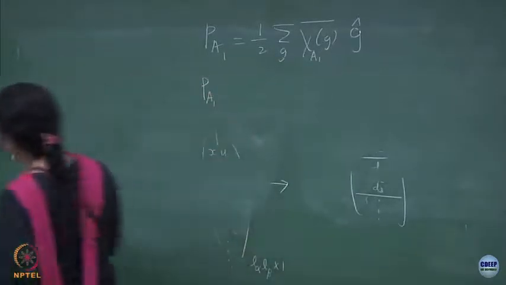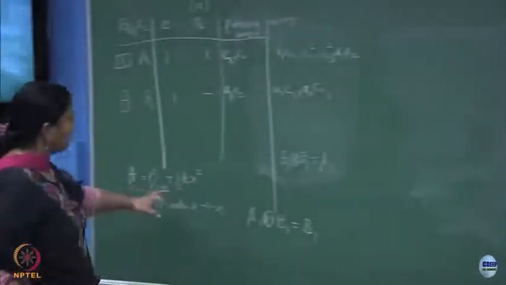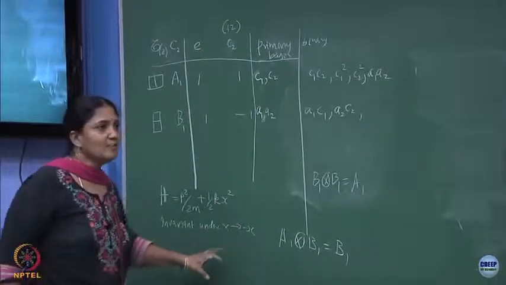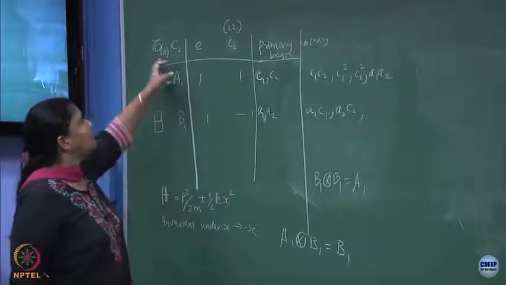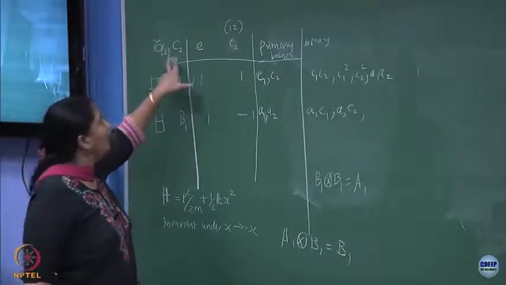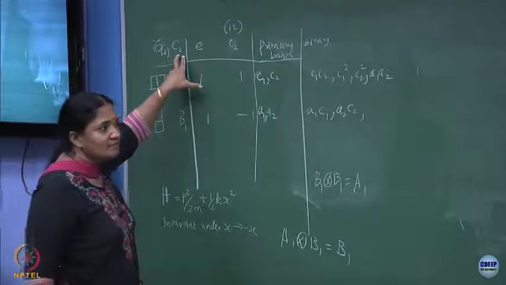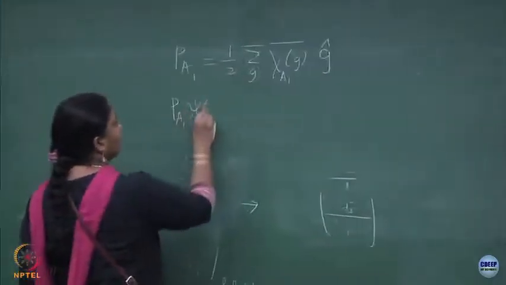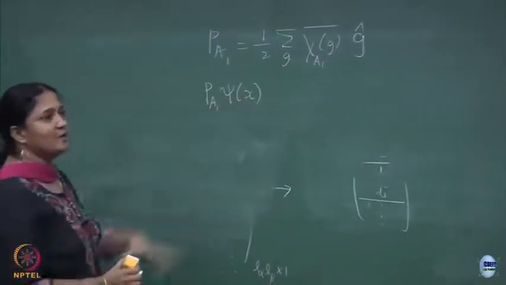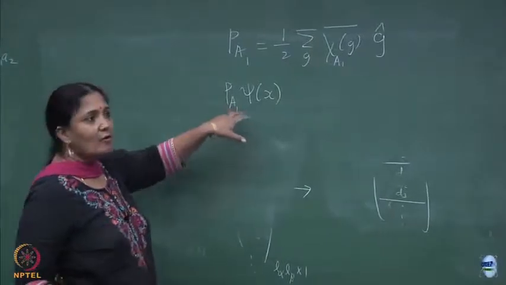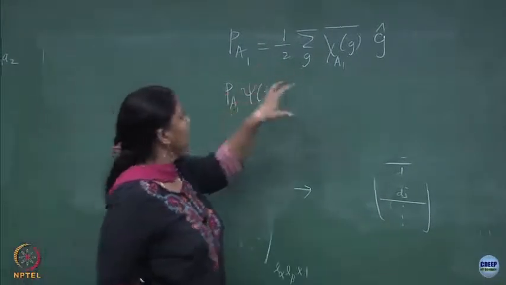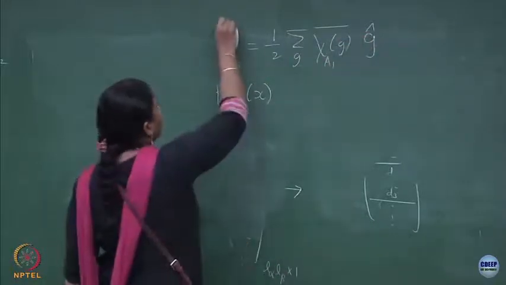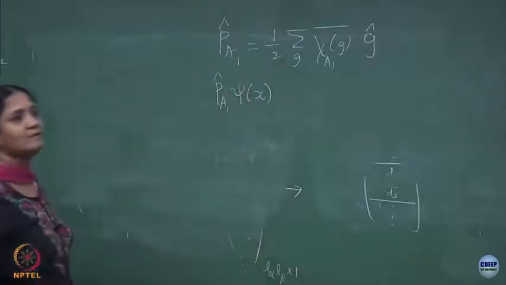If you remember, in the harmonic oscillator I said that this Hamiltonian is invariant under x going to minus x. It has a group symmetry which is isomorphic to permutations of 2 objects, or the C2 group. You can see that if I operate the projection operator for an irrep A1 on psi of x, in operator form, operators are typically denoted by a hat.